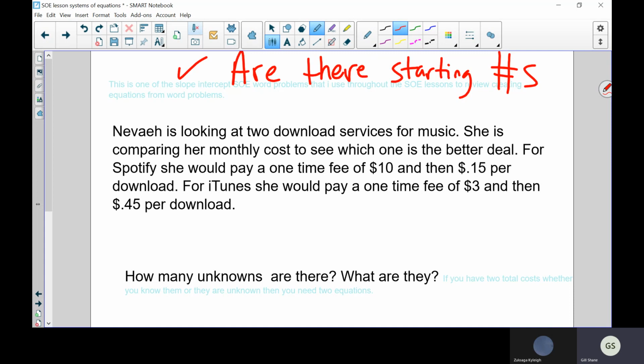Okay, so here's the next thing you write. Well, first, the next thing you write is, are there totals? If you answer yes to both of these, and once you answer yes to this first question, you're kind of thinking, yeah, there should be totals. So would it make sense that there's totals? Well, yeah, she's spending a total amount of money that's made up of the starting amount and then the amount based on how much she downloaded.